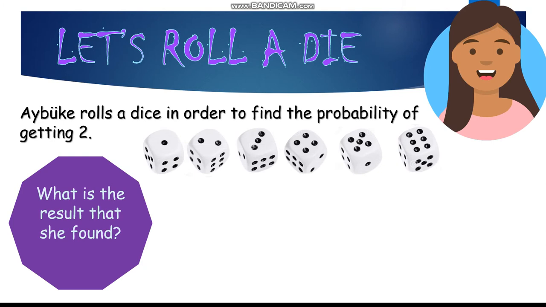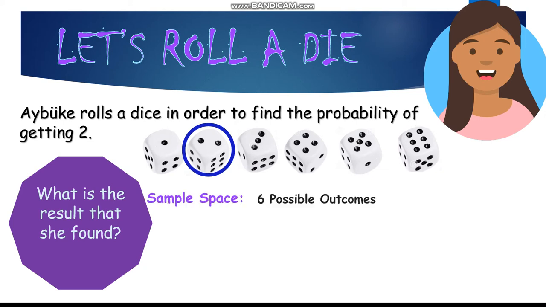As we know, a die has 6 sides, which are 1, 2, 3, 4, 5, and 6. And we are talking about getting 2. As we know from our previous lessons, the sample space includes all possible outcomes, and we have 6 possible outcomes, which include 1, 2, 3, 4, 5, and 6.